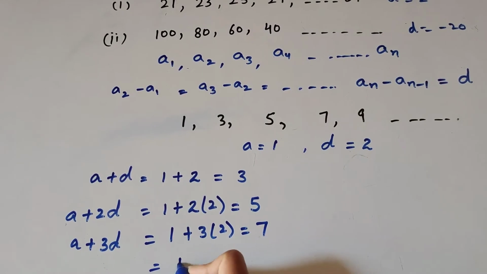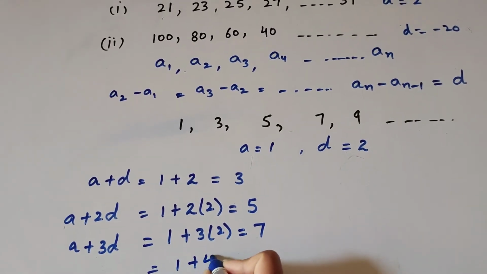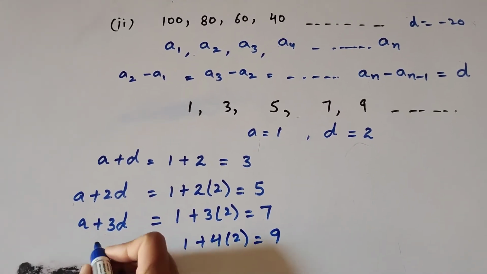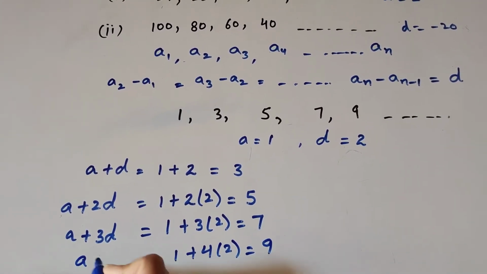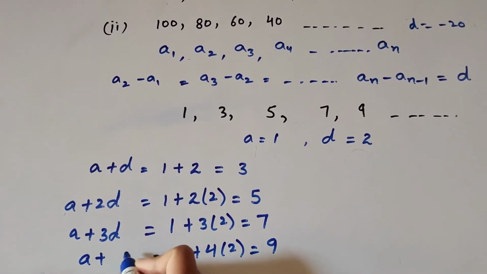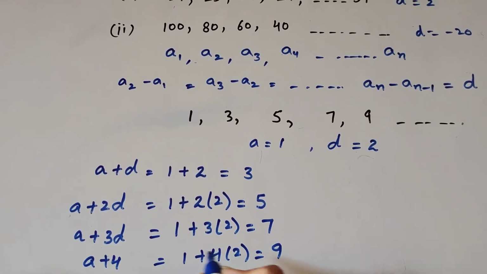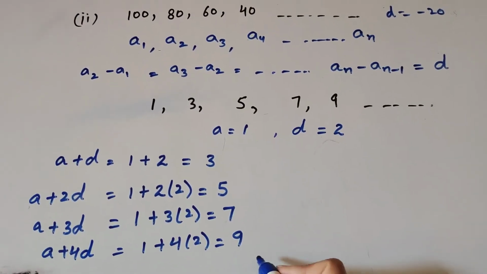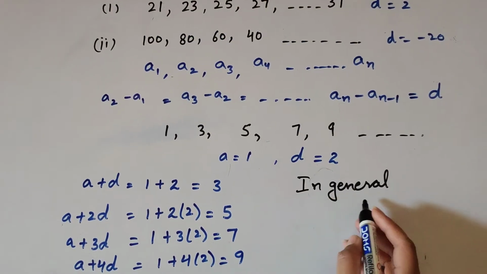Now the fifth term, 1 plus 4 multiply 2, it is equal to 9. So we write it as A plus 4D, where 2 is the difference D. So A plus 4D equal to 9. This is the fifth term.